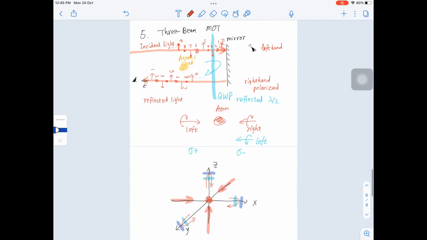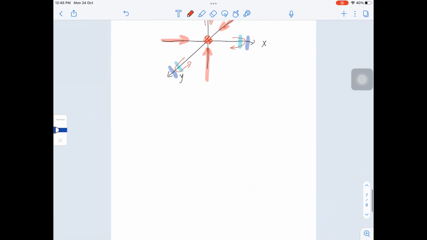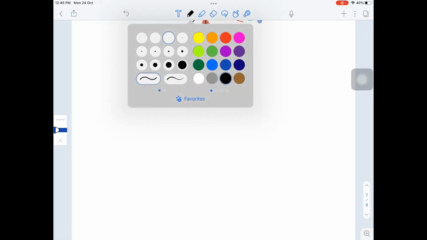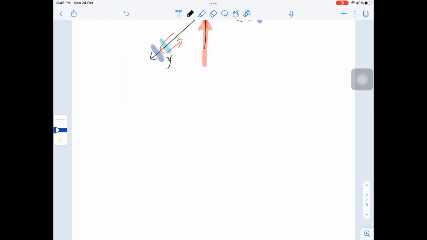Okay, now it is the last part, which is the most exciting part. Why we don't need pyramid MOT? Why we don't need the wave plate? Why we don't need this for the pyramid MOT?